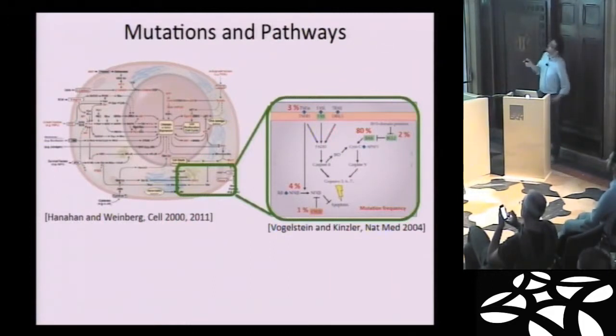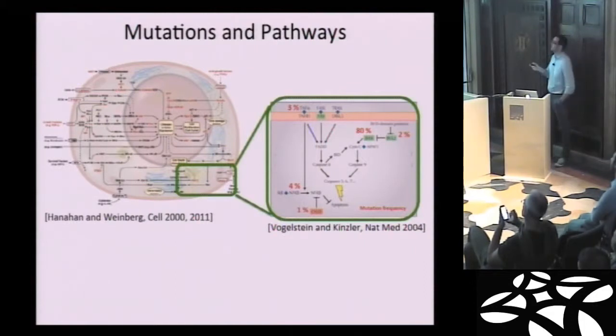So for example, if this is just a cartoon of the cell, and we look at a group of genes, we have that these genes are interacting. By interacting, they perform a certain function called apoptosis. And apoptosis is a function that needs to be altered in cancer. And so there are many ways to alter this function by mutating any of these genes.